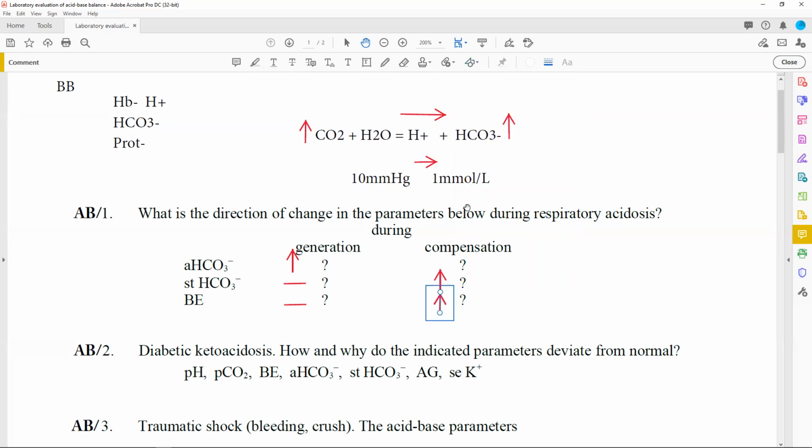Now we do have one arrow that goes as a part of the respiratory acidosis, and an additional bicarbonate gained by the kidney. So now we do have two different situations. One is a metabolic alkalosis, and due to the respiratory acidosis, we do have a further increase of bicarbonate.